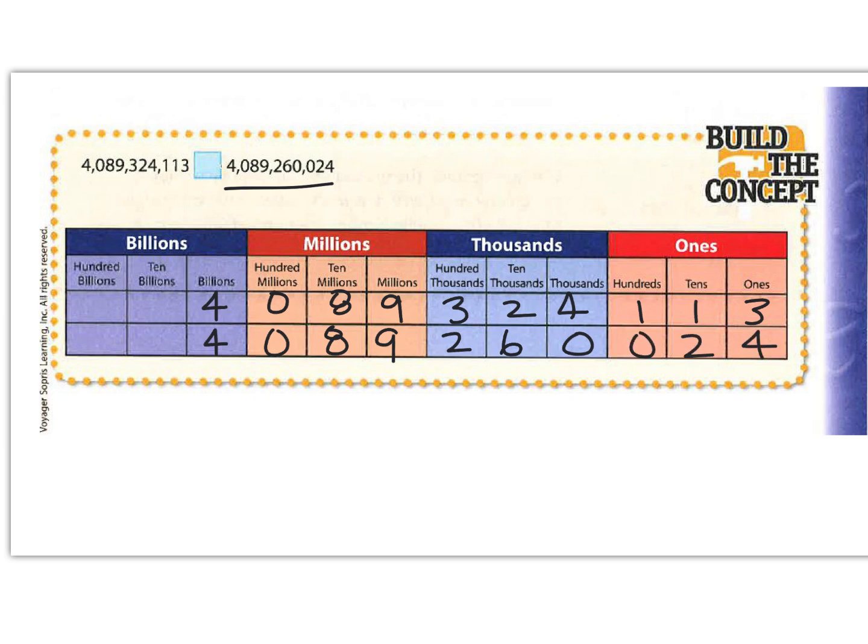So write those in, and then we can compare. So we can see, I'll do yellow. Those are the same, those are the same, those are the same, those are the same. Oh, but then we get to the 100,000s, and we can see that this first number has a 3 in the 100,000s, so that means that it is greater than. So we would say that the top number is greater than this bottom number.